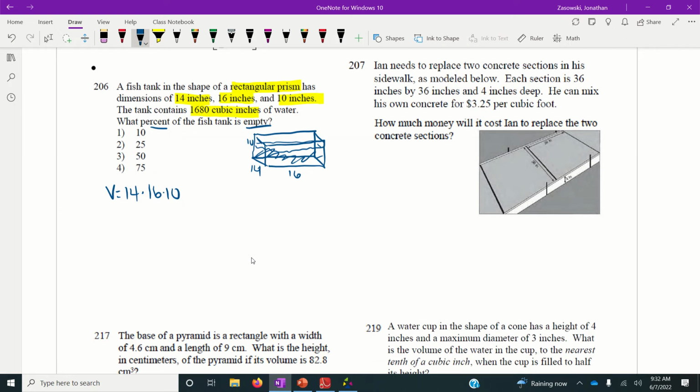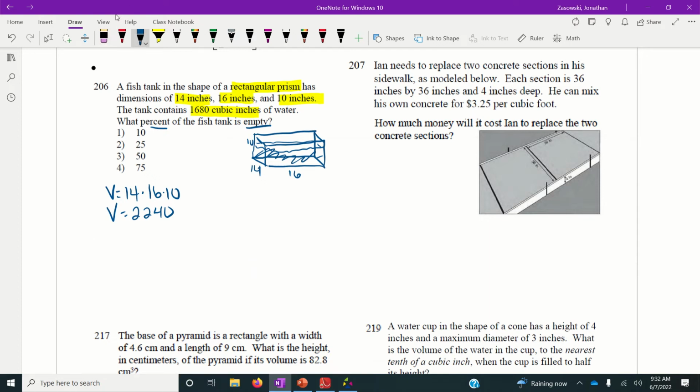Just grabbing a calculator for myself here. So 14 times 16 times 10 should give you 2,240.